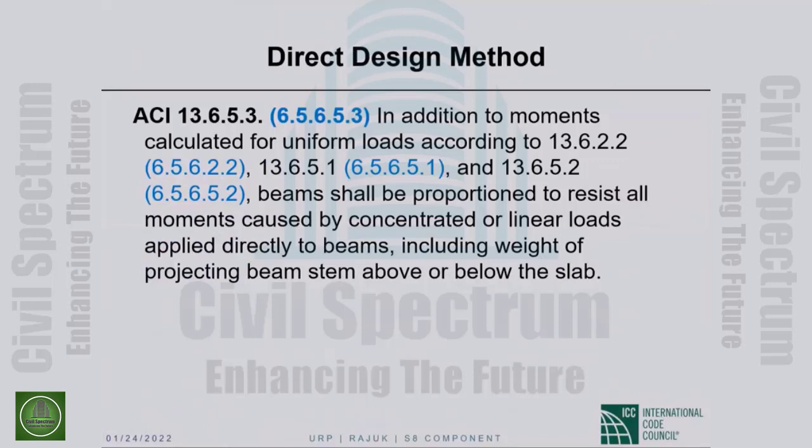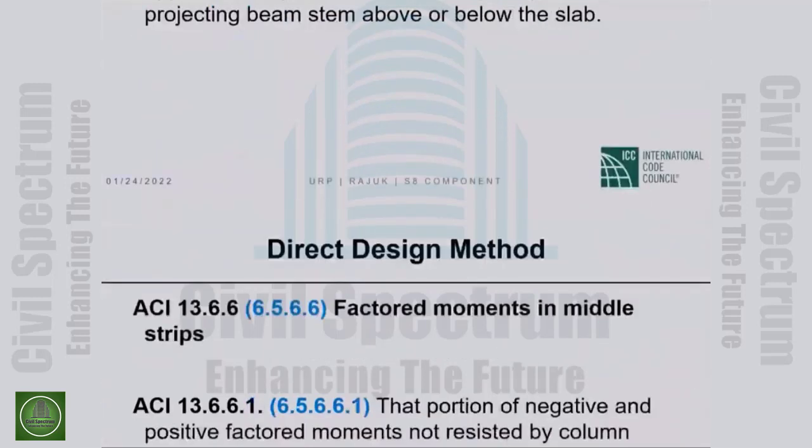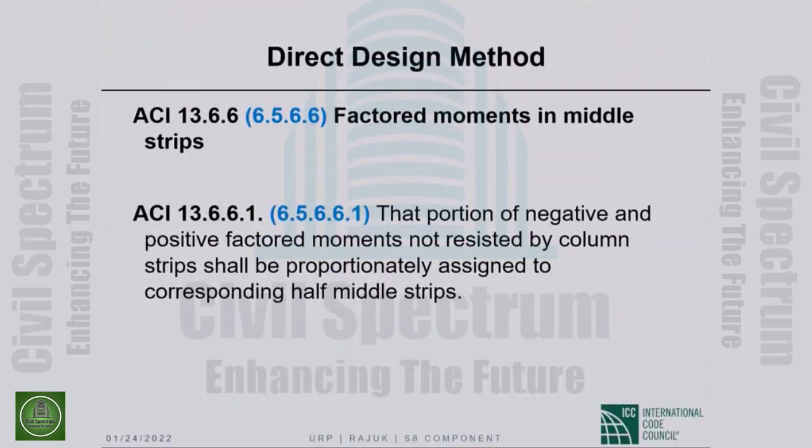In addition to the uniformly distributed loads we are dealing with, beams shall be proportioned to resist all moments caused by concentrated or linear loads applied directly to beams, including weight of projecting beam stem above and below the slab. So anything that doesn't go to the column strip goes to the middle strip.